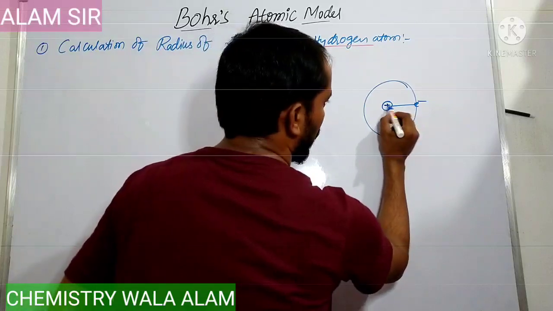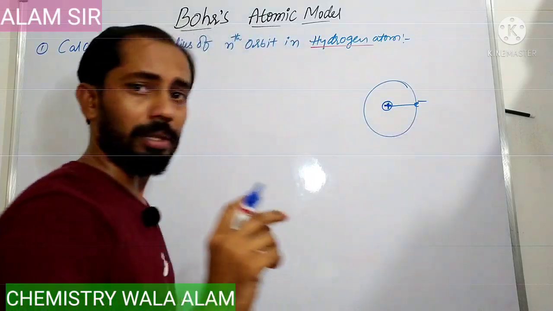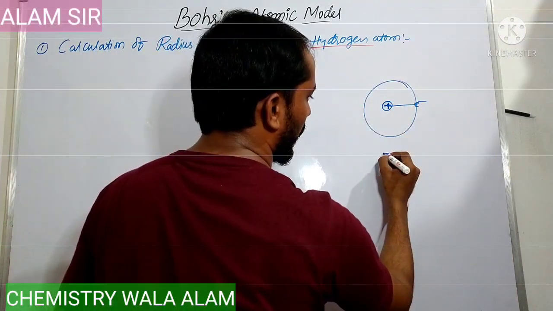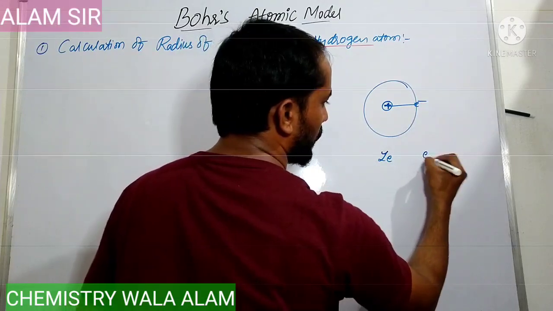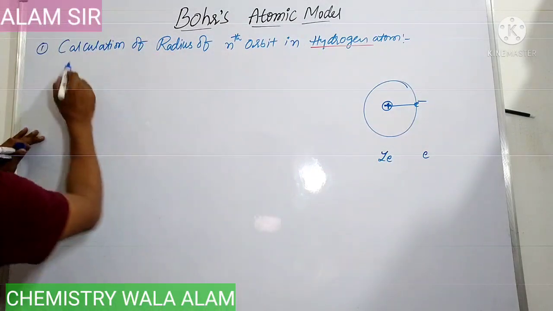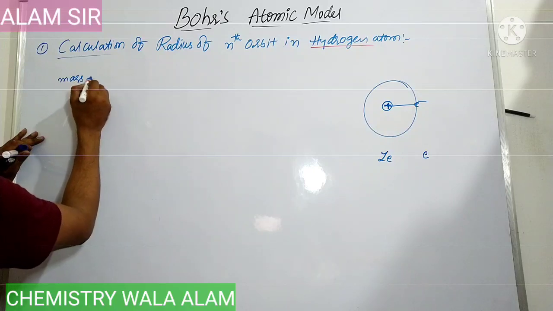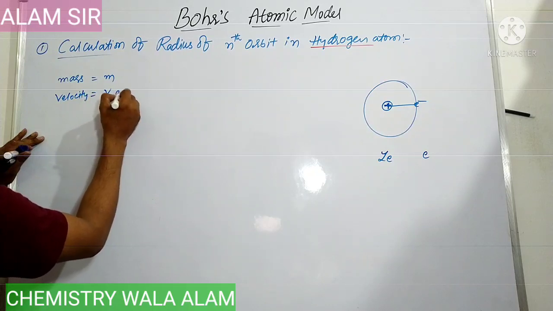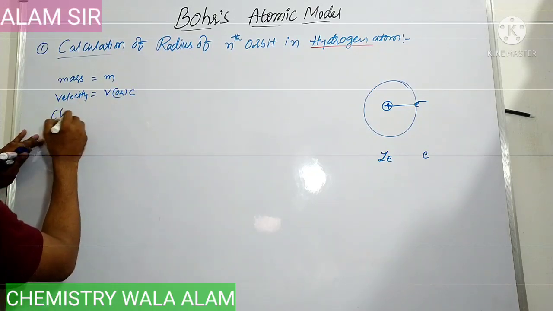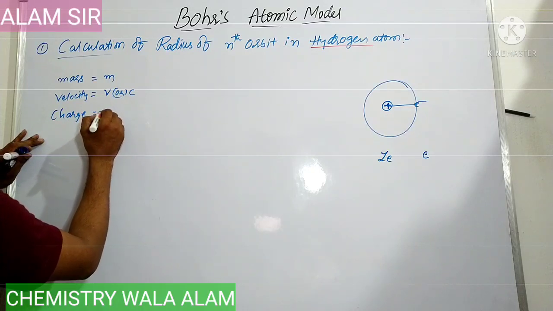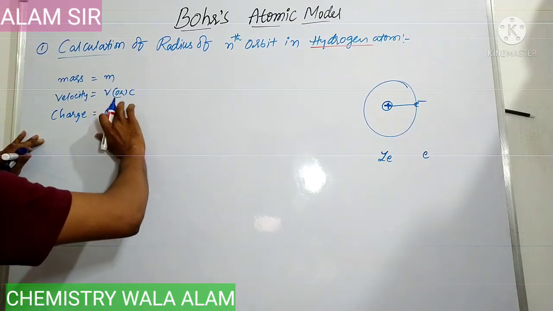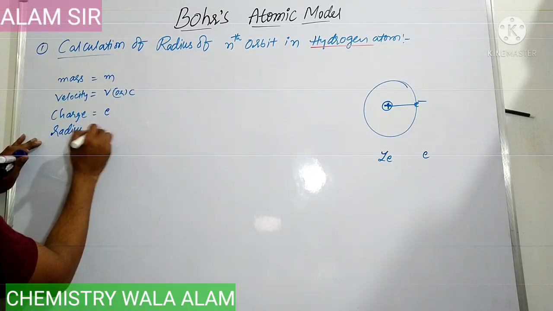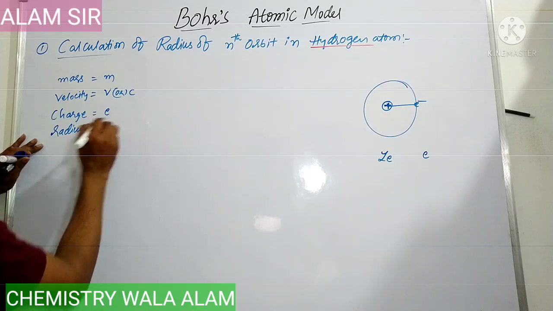The nucleus is positively charged, so the nuclear charge can be taken as Ze, and the electronic charge as e. The mass of the electron is m, and the velocity is taken as v. The radius, the distance of the electron from the nucleus, is taken as r.